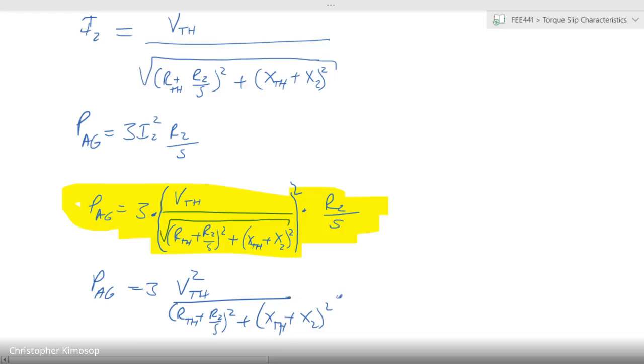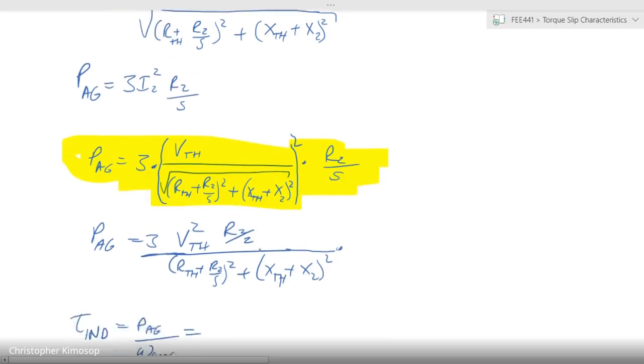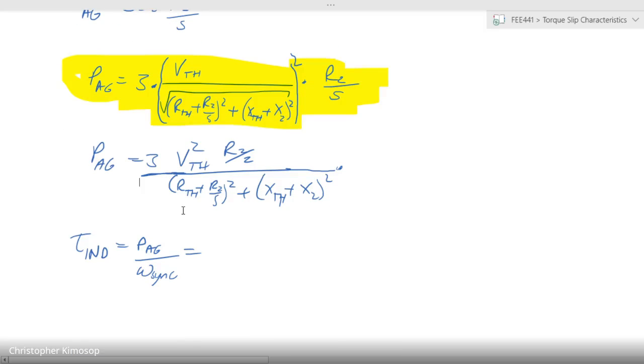Okay, times R2 over S. All of this can be brought up there. So that actually becomes our formula. And in fact, when we are looking at air gap power, we will then say 3V Thevenin squared R2 over S. This is S, not 2.